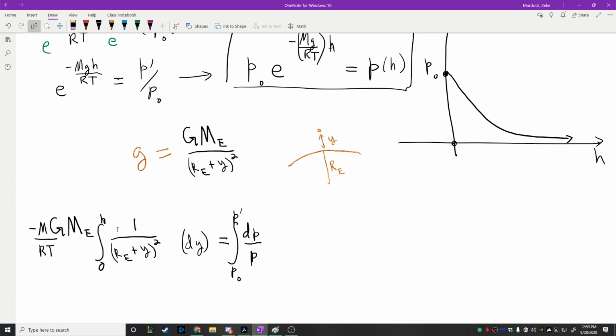So you do y is equal to R_E tan theta or something like that, right? But yeah, because it's a constant, that probably would work, right?